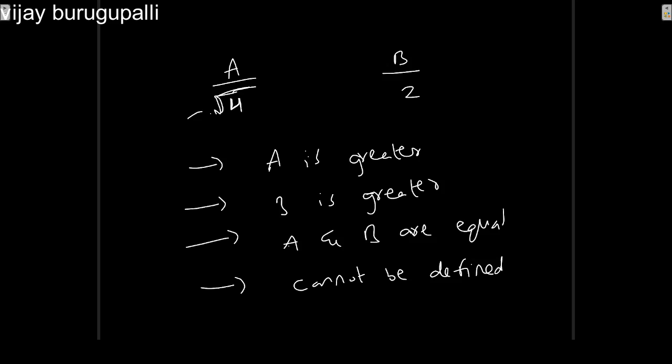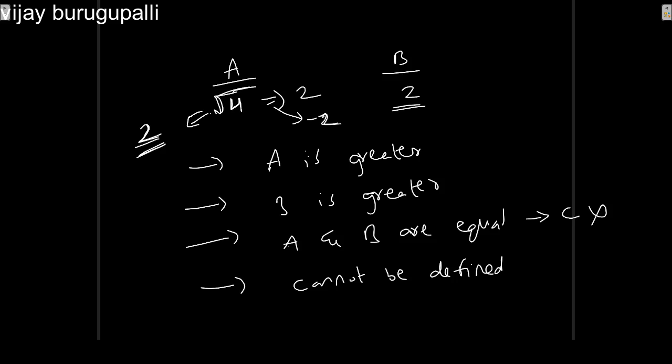Here, everyone knows that the square root of 4 is 2. So most people think that the value of A and value of B are equal and keep the answer as C. But here option C is wrong, because square root of 4 can be either a positive 2 or a negative 2. There is an equal chance.